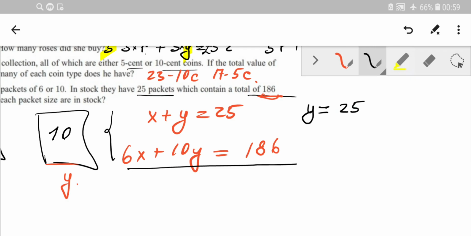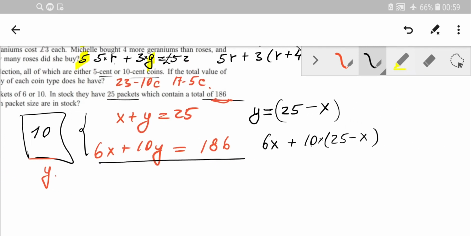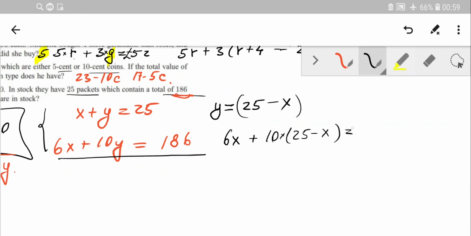So it's 25 minus x, and I put that instead of y. So 6x plus 10, and instead of y we just put this whole amount, 25 minus x. So we multiply, and the result equals 186.